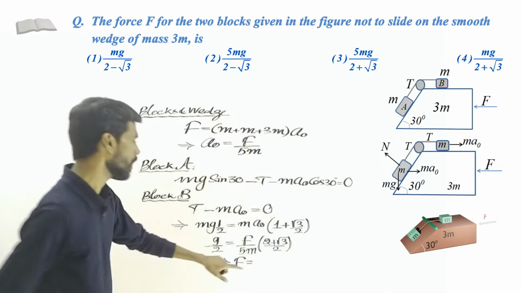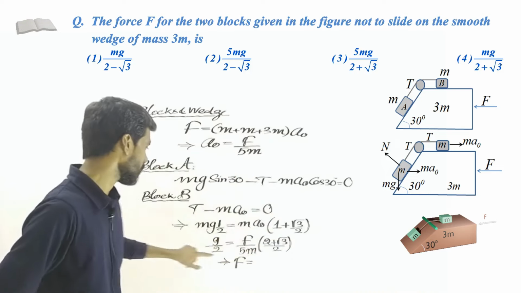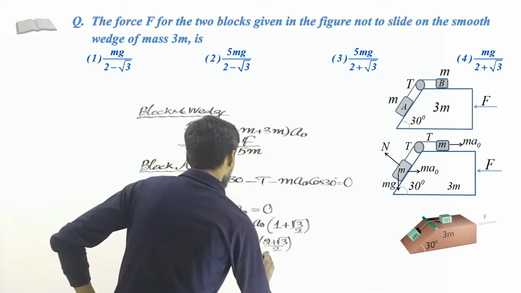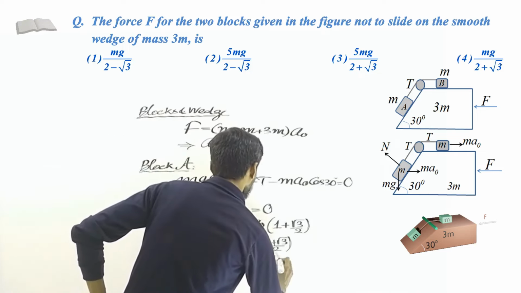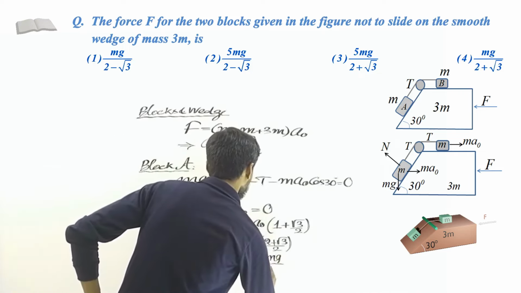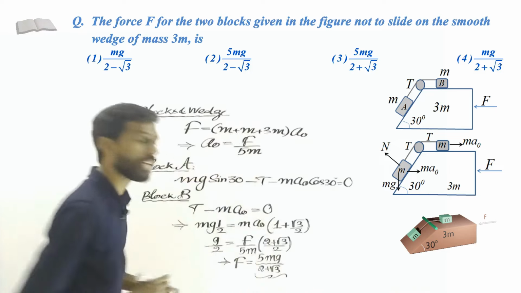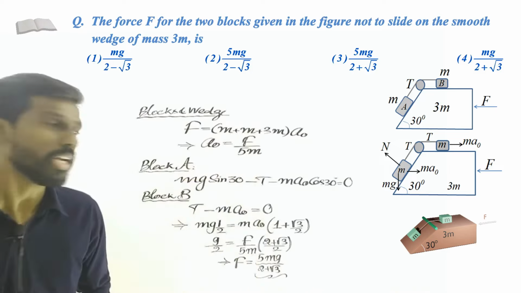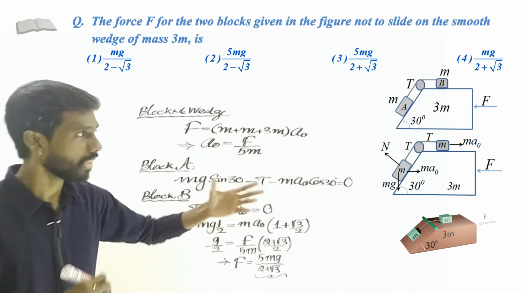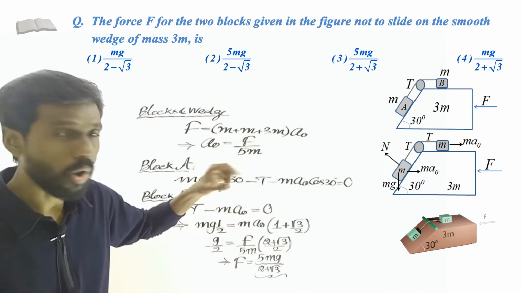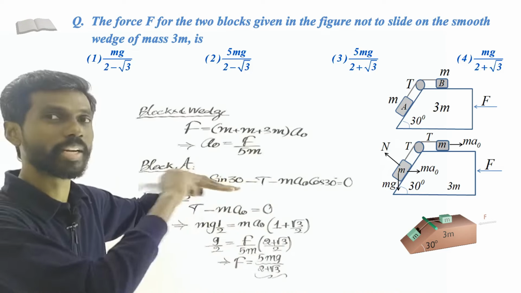So F equals, the 2 gets cancelled, 5 mg divided by 2 plus root 3. That is the required force. If this is the magnitude of the force acting on the wedge, then these two blocks will not slide. If the force is more than this, block B will move in the opposite direction.